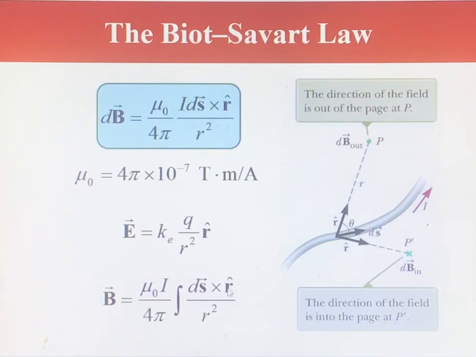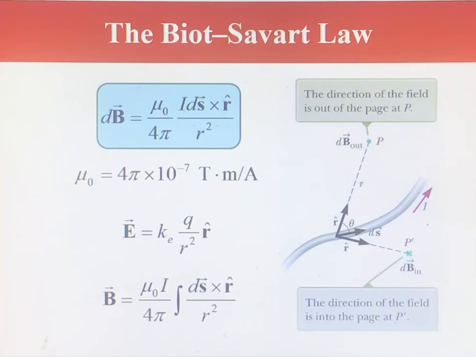And r hat is a unit vector between the ds and the point where I'm calculating my magnetic field. And then r squared, of course, is just the square of the distance between the source of the magnetic field and the point that I'm interested in doing my calculation.